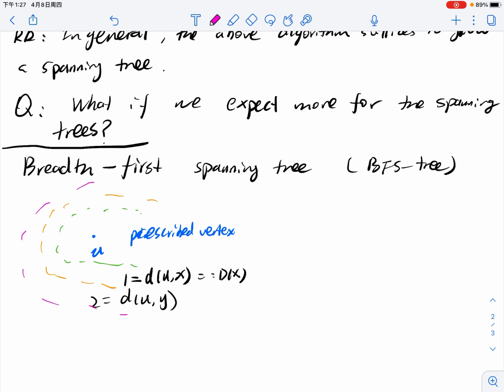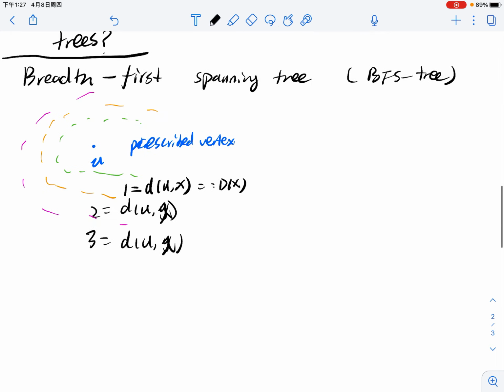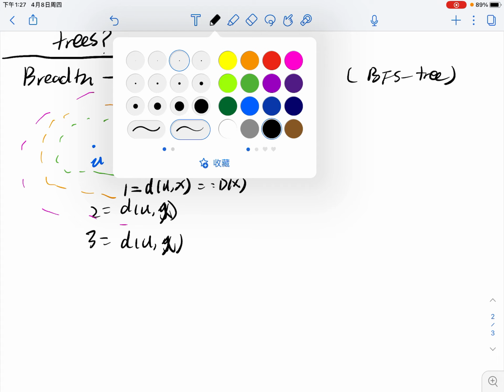Of course, it can be empty. So this is how we do the breadth first spanning tree.